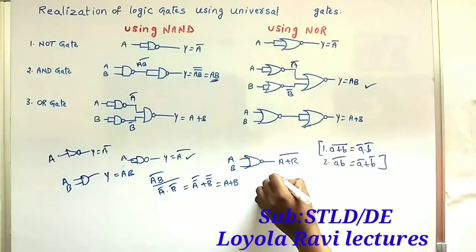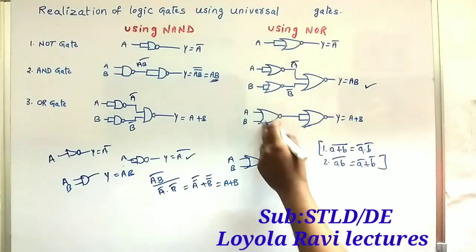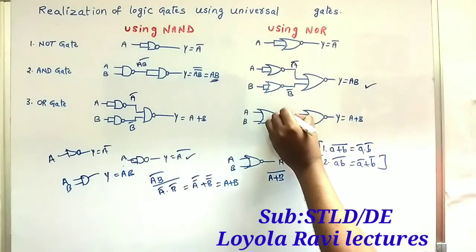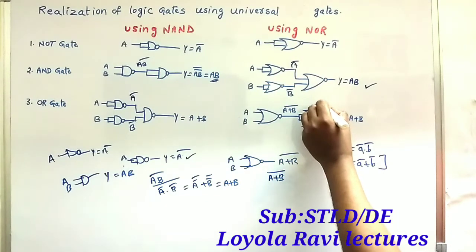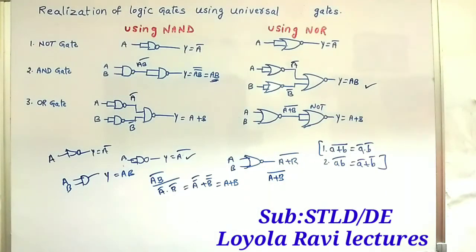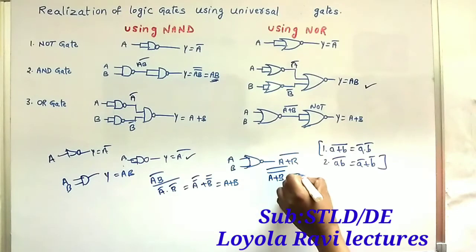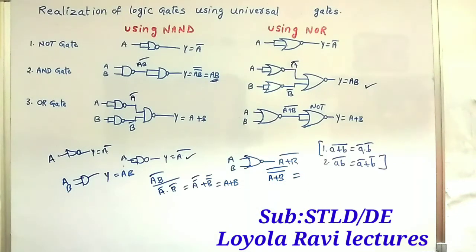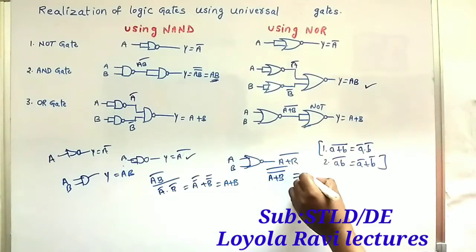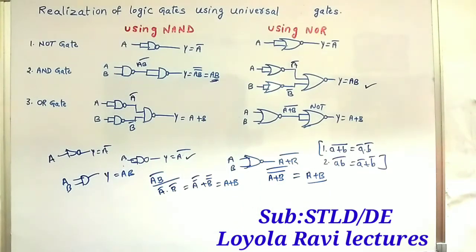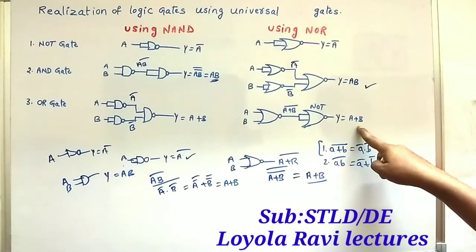This is the (A plus B) whole bar output, which is connecting to this NOT gate. The NOT gate output is (A plus B) whole bar, whole bar. A bar whole bar is A, so it is nothing but A plus B. Y is equal to A plus B.